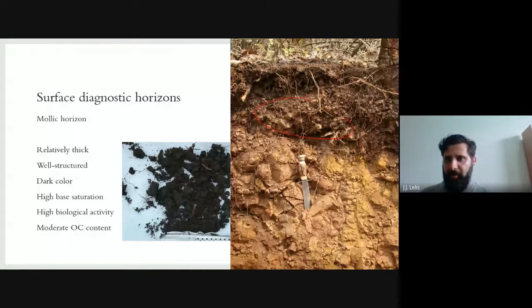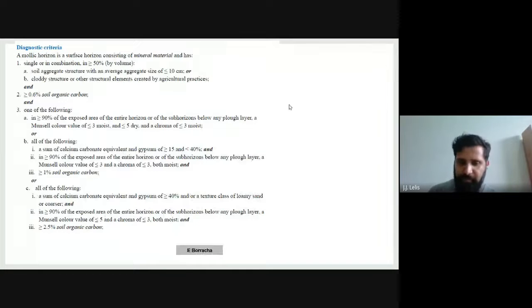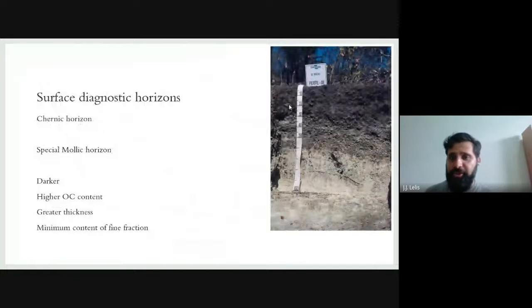In the Mollic horizon, I can see a lot of gravels and the Chernic horizon couldn't present this. It's just a fine material. So it's darker, it's thicker, presents higher contents of organic carbon, and it presents a higher content of clay.